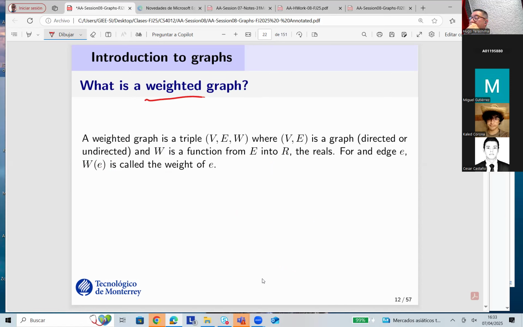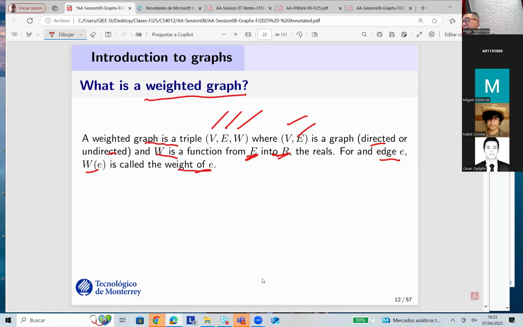And what is a weighted graph? Now you have a triple: vertices, edges, and weights, where V and E is a graph, directed or undirected, and W is a function from E into R. For each edge there's a value representing something. For an edge e, W(e) is called the weight.